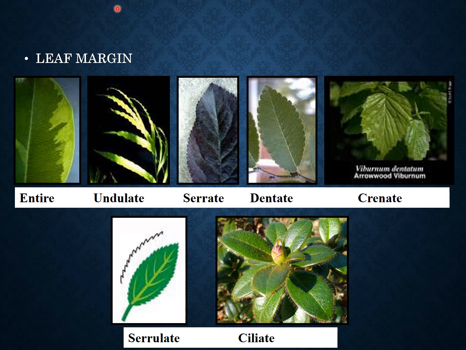Leaf margin. Leaf margin means the corner or the side of the leaf, both sides of the leaves. When the leaf margin is present without any incision it is called entire. This is a smooth side of leaves. Undulate means wavy margins. Serrate means margin with teeth pointing towards the apex.